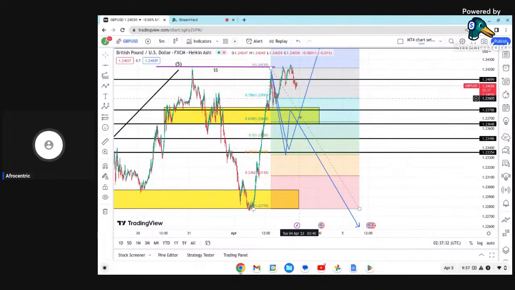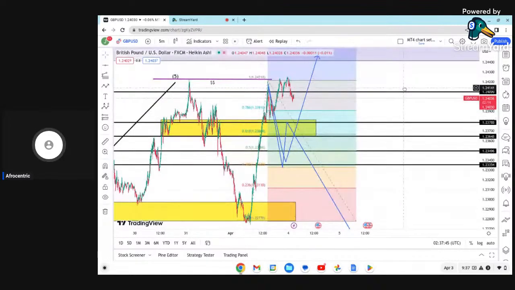And then, like I said, drop into here or drop down here. Either way, we know that this is going to drop, even if there is news going on.